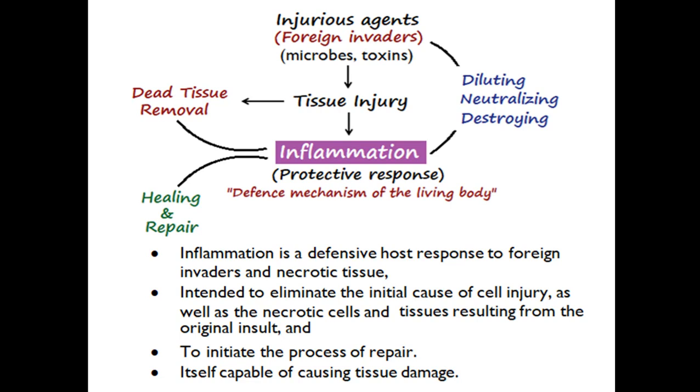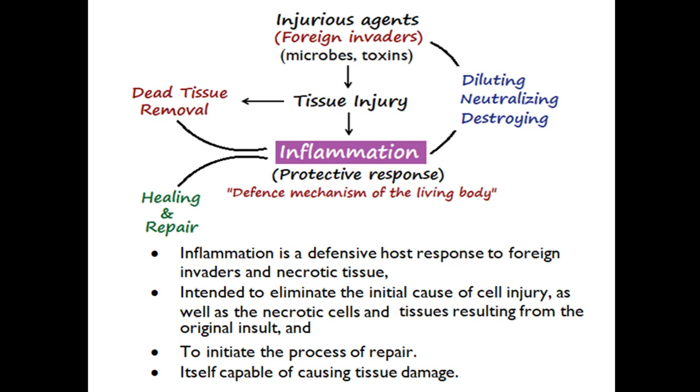So the tissue injury, which is caused by various injurious agents in the form of microorganisms and certain types of physical, chemical, or thermal injuries, will cause tissue damage, and inflammation will protect the healthy tissues by initiating a response mainly operated by our immune system, by destroying, neutralizing, or diluting the invading agent to decrease its toxicity.